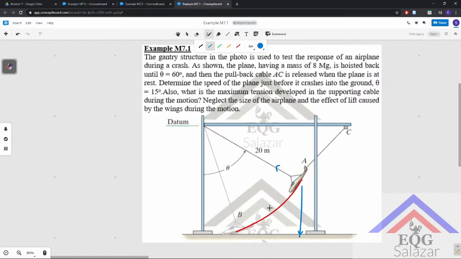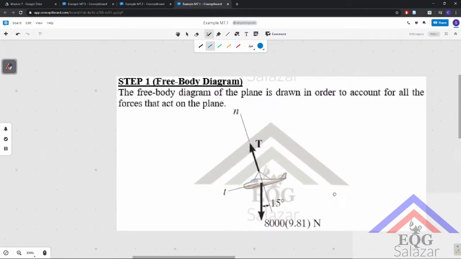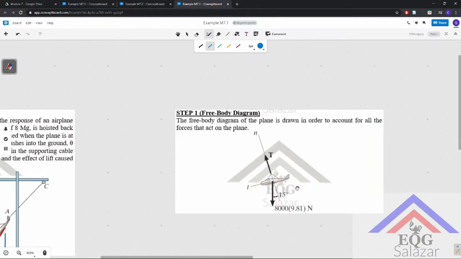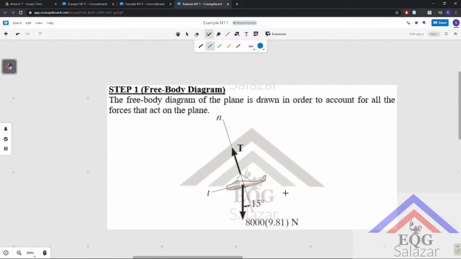Okay, so first we have initial and terminal points. So we have A and B, and then we have to draw out the free body diagram in order to account for all the forces on the plane. Here we have a free body diagram, and since it follows curvilinear motion, we have to use the NT axis. This 15 could be 60, it could be 15, it could be any value for theta, but in any case, it's the same principle.